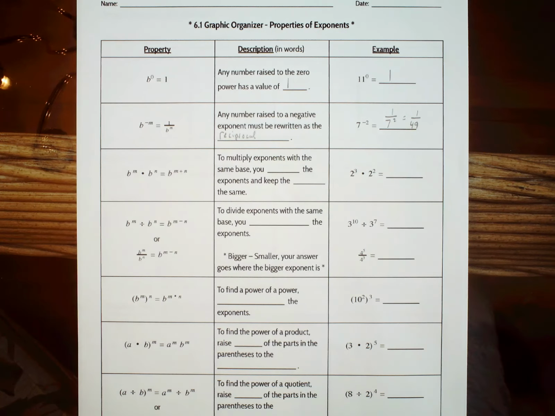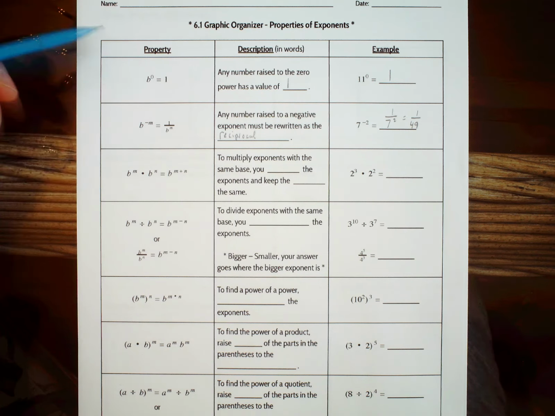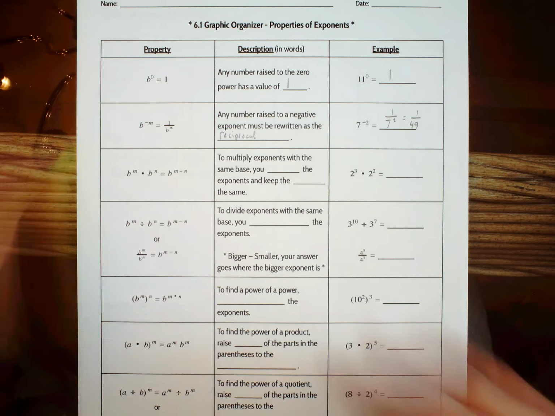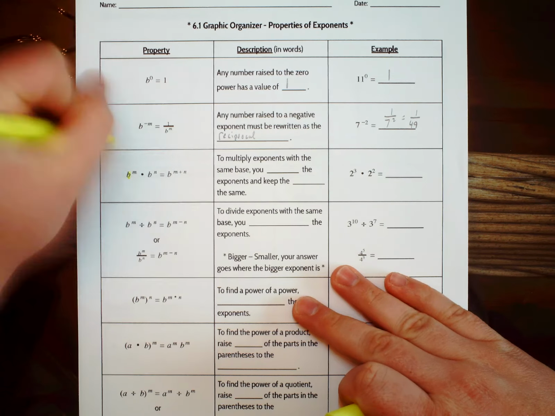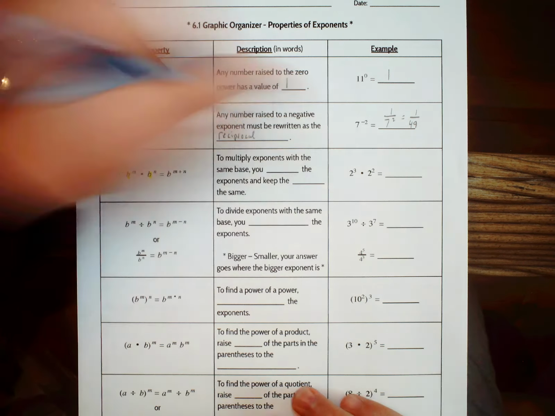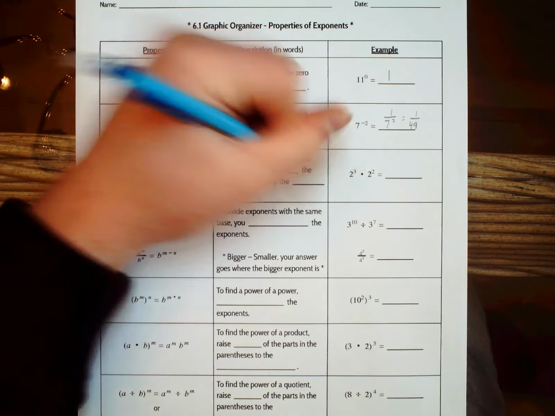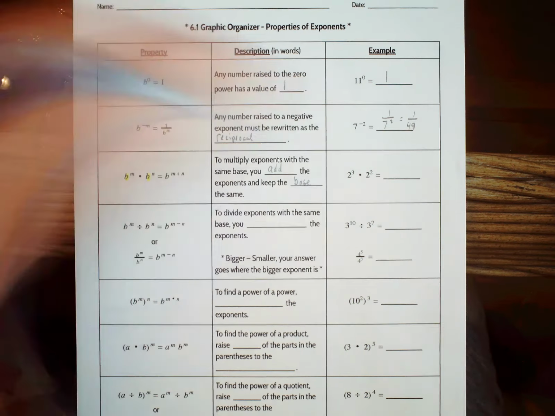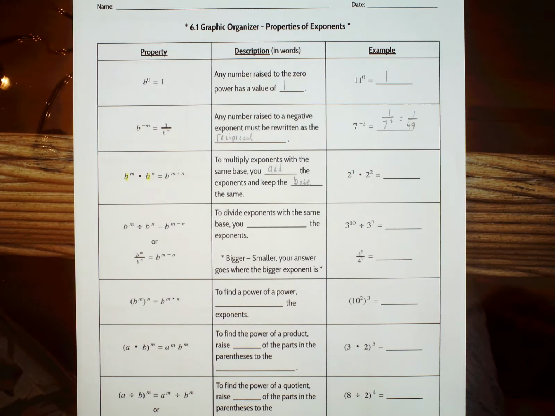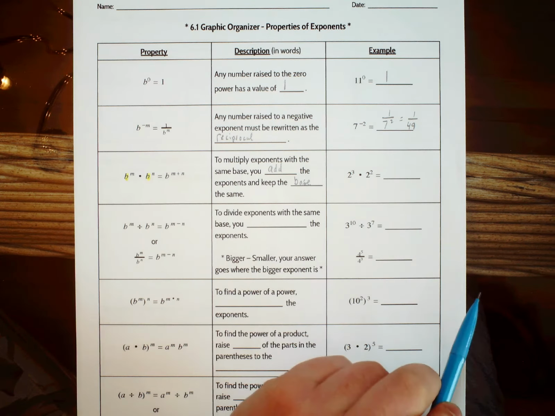Next, we have when you multiply exponents with the same base. When I say the same base, I mean this is b and this is b. You add the exponents and you keep the base the same. So an example here, 2 to the third times 2 to the second.